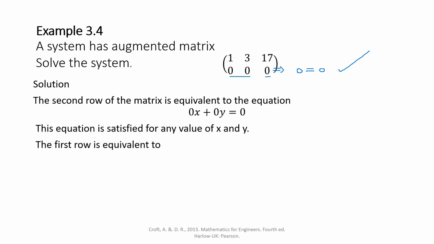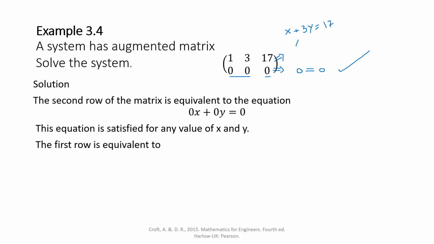Let's go for the first one now. So the first one, if we look at this, is x plus 3y equals 17. I think we did this kind of simplification first.